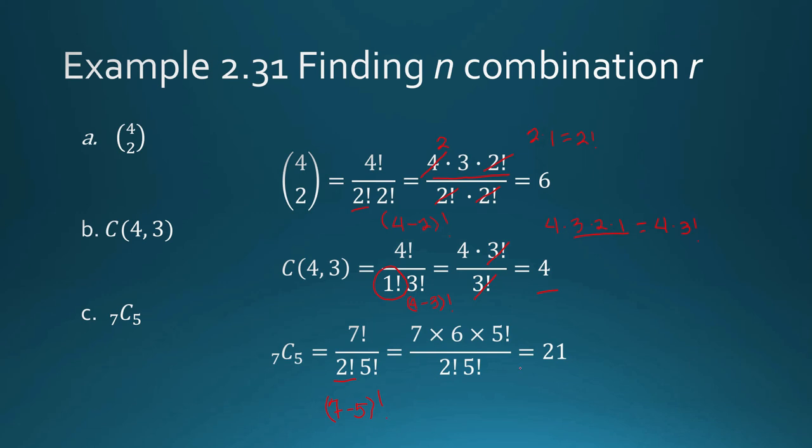So that's 2 factorial. 7 factorial is just the same as 7 times 6 times 5 times 4 times 3 times 2 times 1. But that is just 5 factorial times 7 times 6. By writing it that way, you can see that 5 factorial divided by 5 factorial is 1. And then what happens here? This is 2 times 1, and 6 is 3 times 2. So 2 gets cancelled. And what is left here is 7 times 3, and 7 times 3 is 21.